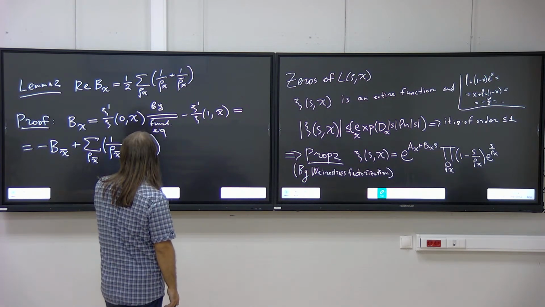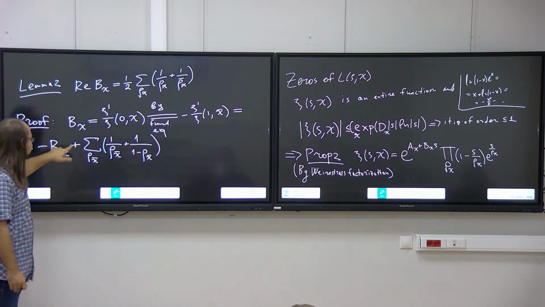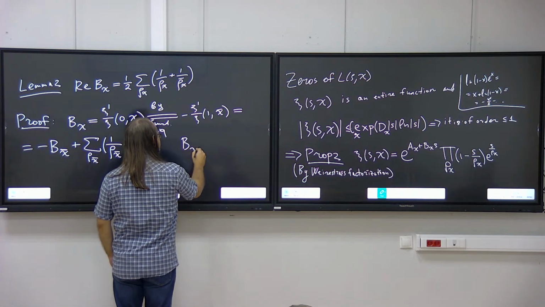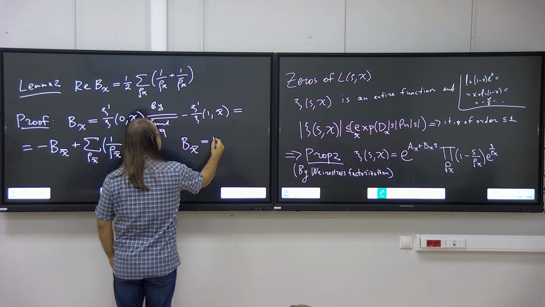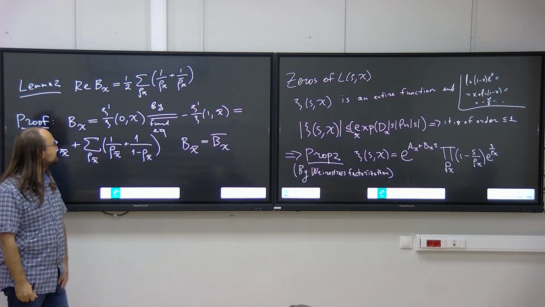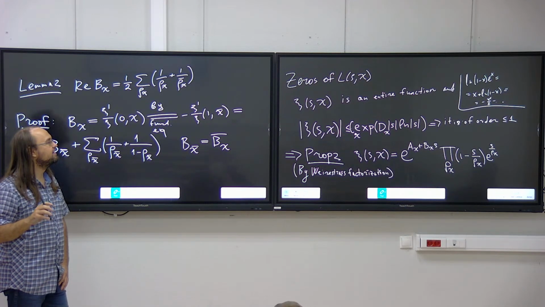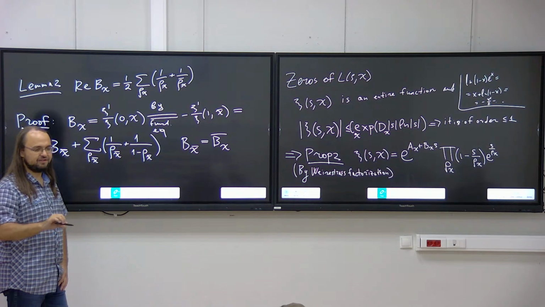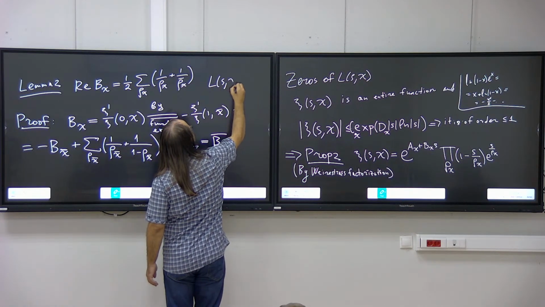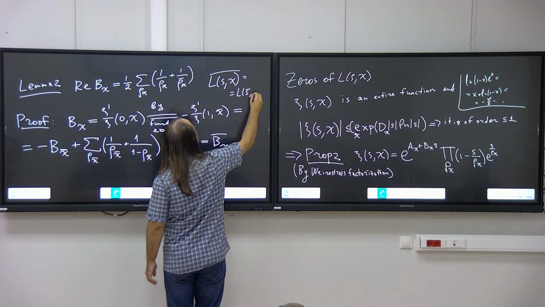Okay. Now what do we do? Well, now we need to relate this thing to this thing, right? But of course, b chi bar is equal to the conjugate of b chi. This is because your xi function is real when restricted to the real line, and so, for example, the conjugate of L(s, chi) is equal to L(s conjugate, chi conjugate).